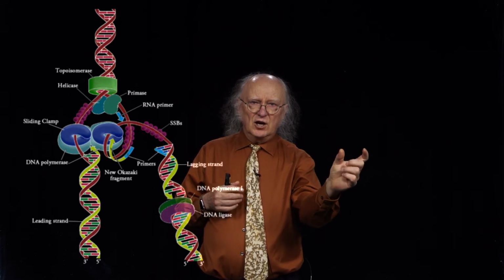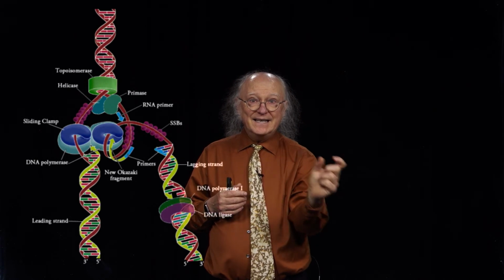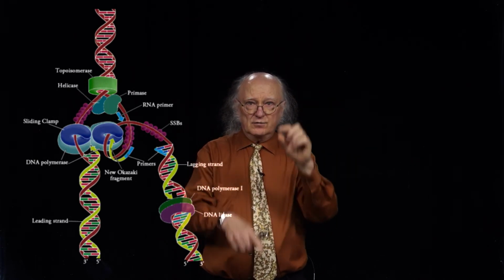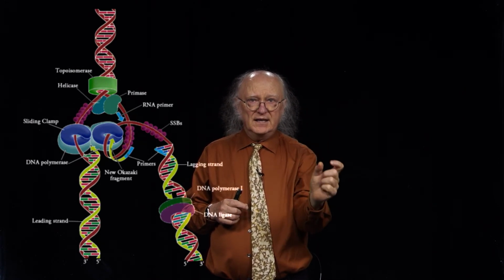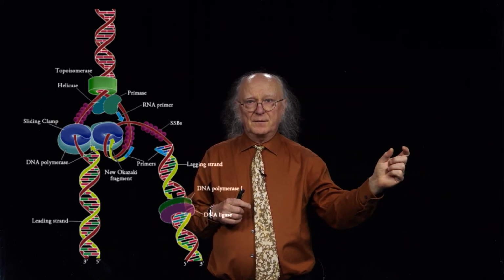DNA ligase closes the very last gap. So DNA ligase is important for linking together all of the Okazaki fragments, that is, those fragments of the lagging strand, okay? It's responsible for linking together all of those fragments into a contiguous piece.